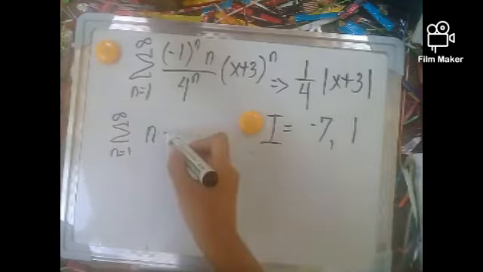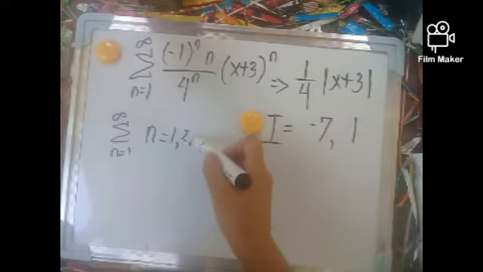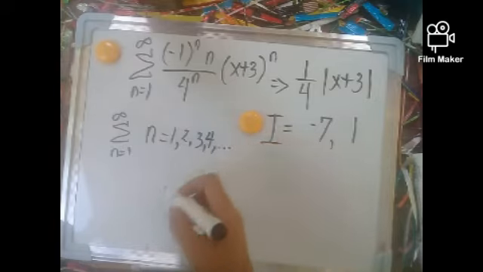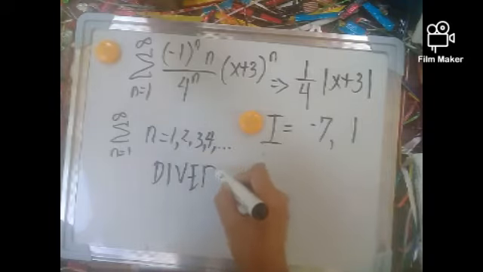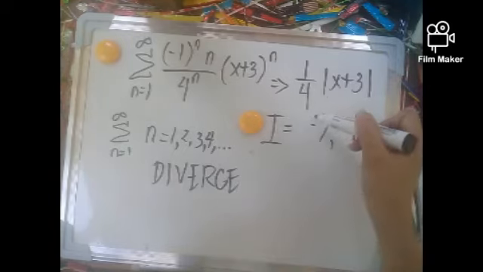So, if we were to know the values of the series, we have 1, 2, 3, 4, and so on and so forth. So, it will diverge.